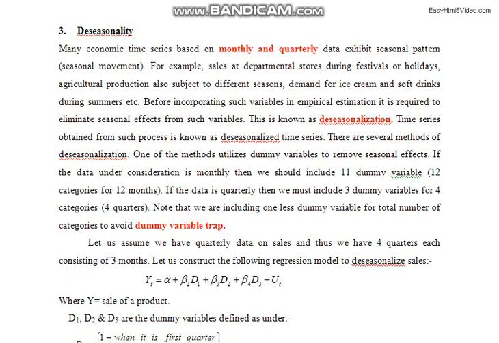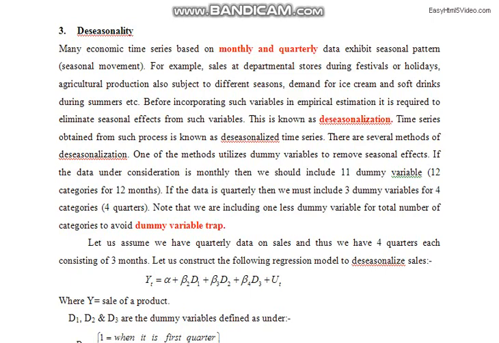So if this trend is applicable for one year, then this trend will also be applicable for another year. So this trend will be repeated every year. In this way there will be seasonality. For all winters there will be less demand, and for all summers there will be high demand for ice cream and soft drinks.